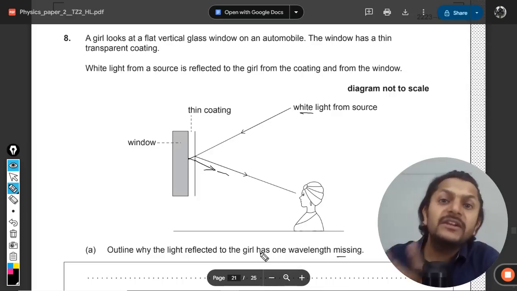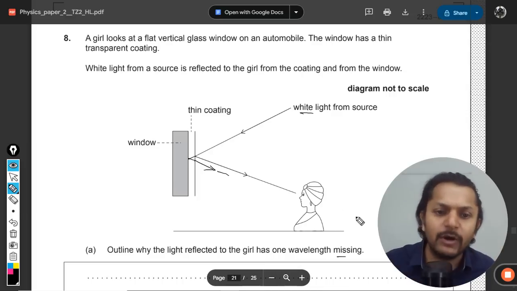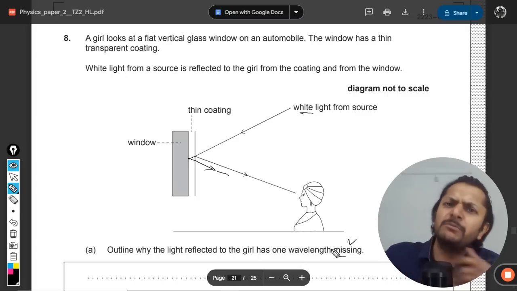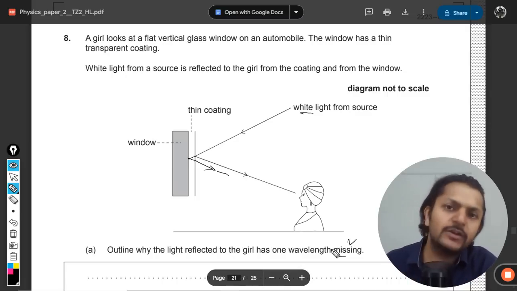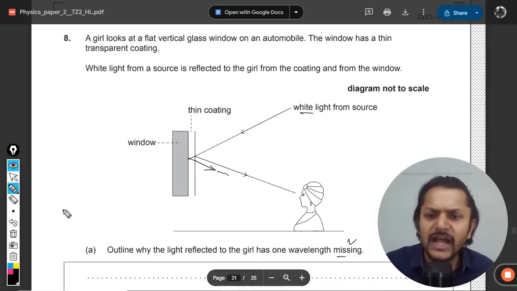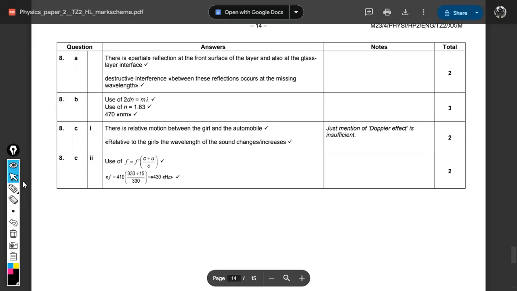Yes, there will be some other wavelength which would be undergoing constructive interference, but in this case, they are asking about the missing wavelength. So clearly, we have to say that one wavelength out of the complete band, some particular value of wavelength, will be undergoing destructive interference. That will be the answer for part A, and we can clearly see the mark scheme here.